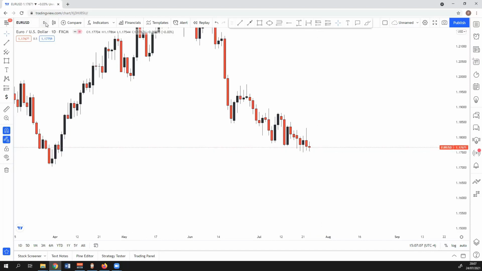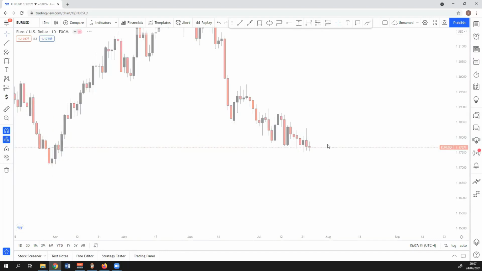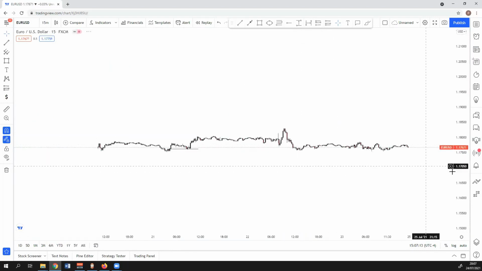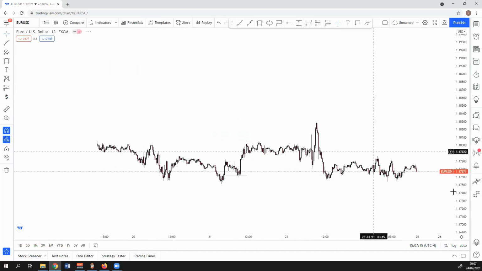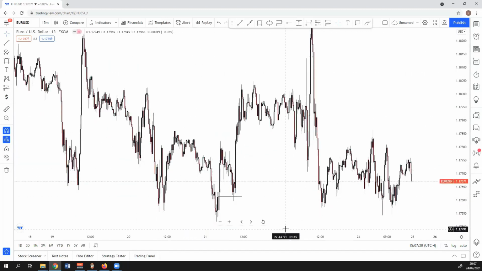But let's go into the 15-minute time frame where this trade was taken, and you would be able to see why I took that trade, but you won't see what I call the most supreme context for me.